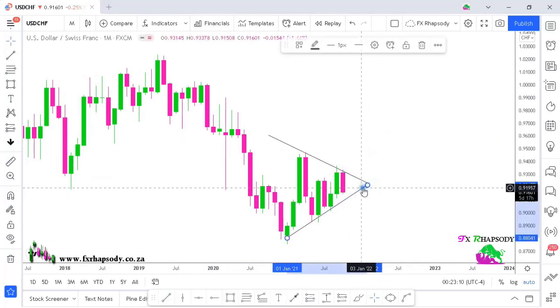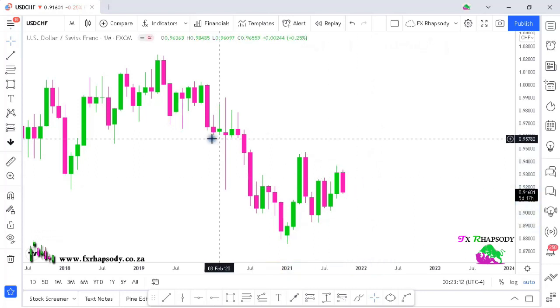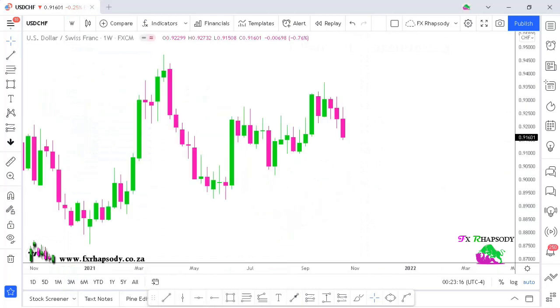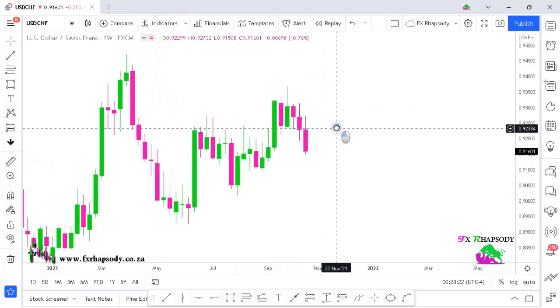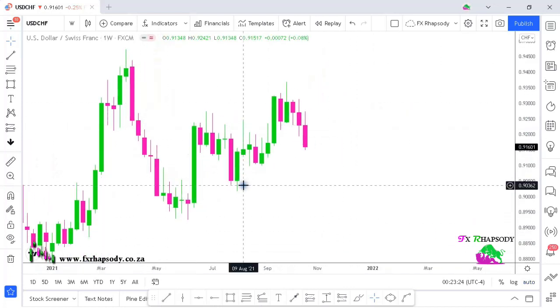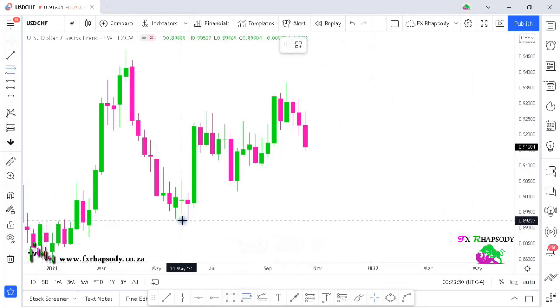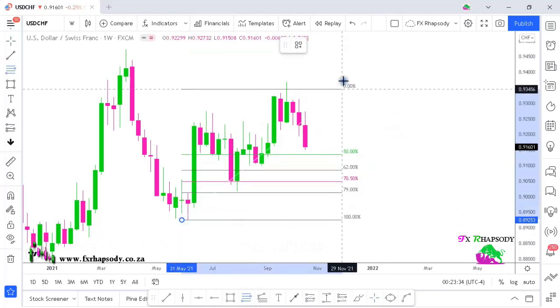Any of those two is possible, but I want to get to the weekly time frame and show you right here. On the weekly time frame, you saw the ascending trend line going up. I'm not going to draw that. We can draw the Fibonacci from the low to the high.